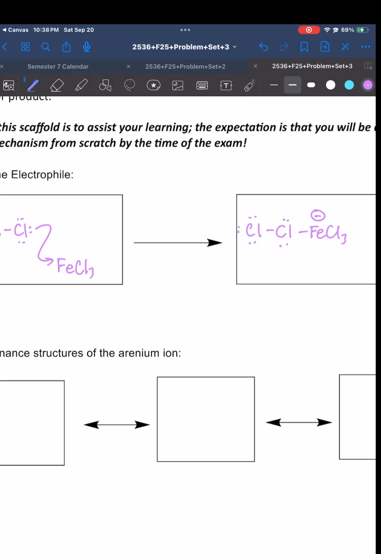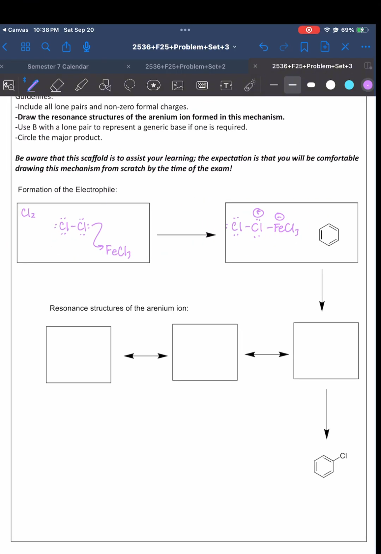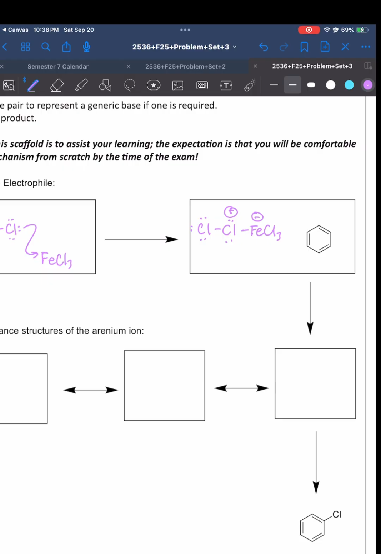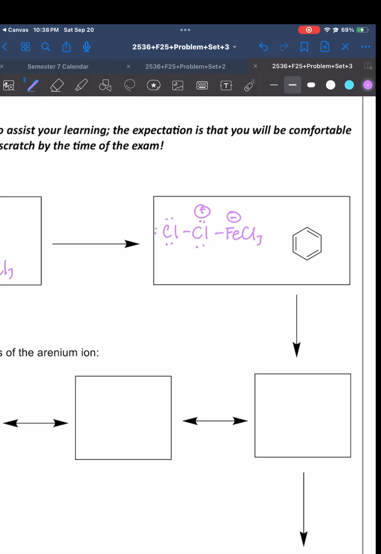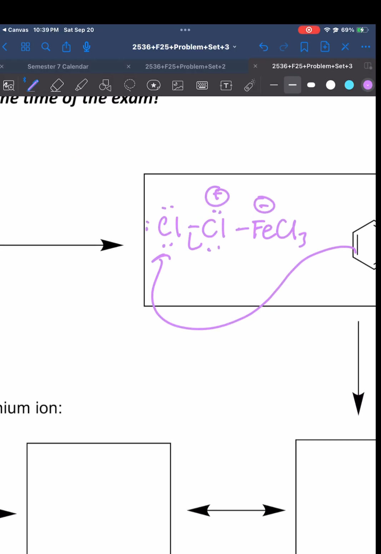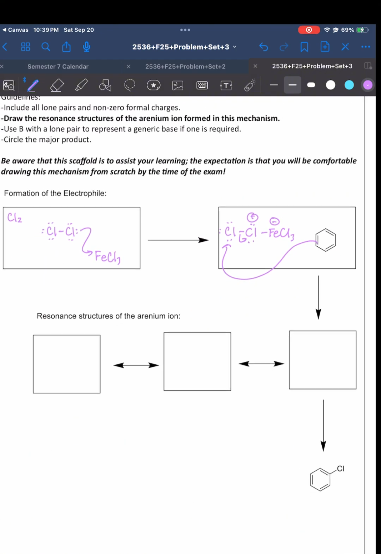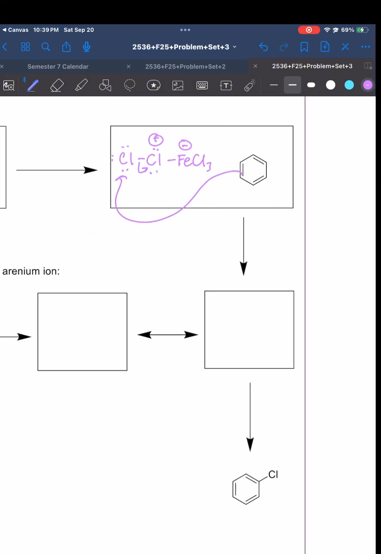This is going to assume a positive charge, and remember, this charge is neutral. And in this case, we have a benzene here, and this nucleophilic benzene is going to react with this chlorine right here, and what goes around comes around. So this pair of electrons is going to jump right here on the chlorine, giving us something that looks like this.